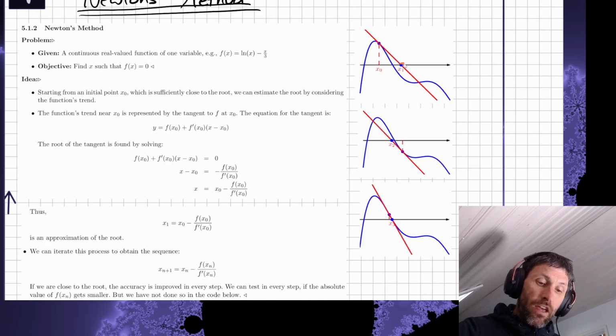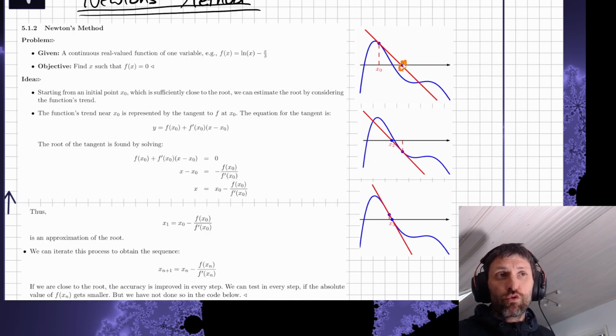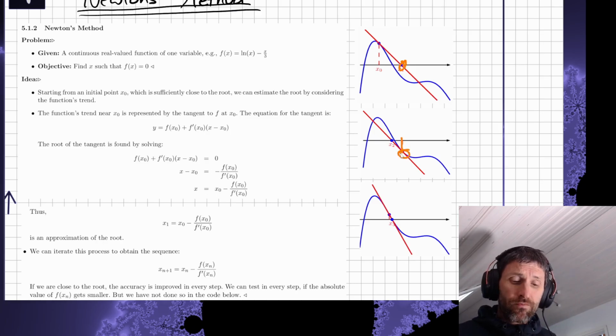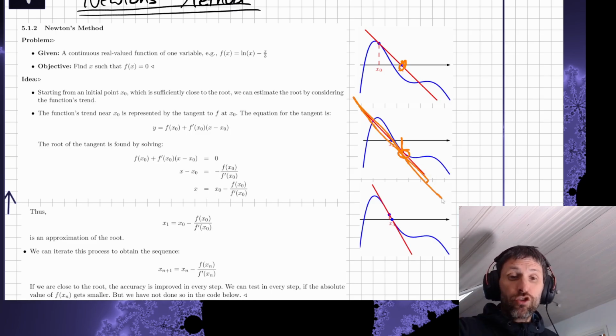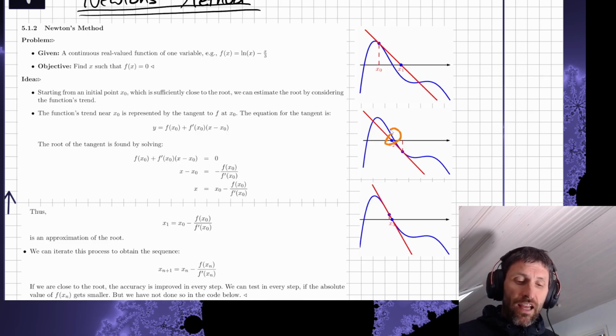But if we have this approximation, we can iterate that process. We can say, okay, most likely this is not really the root of the function. So let's evaluate this function, find the tangent at that new point, and find the root of that tangent.